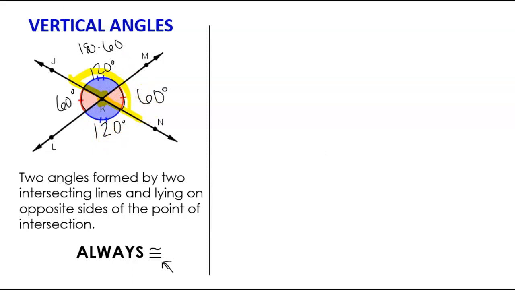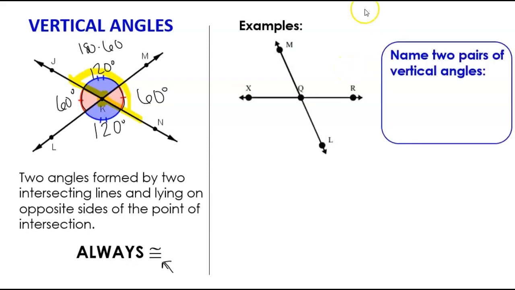Let's look at an example. It says, name two pairs of vertical angles. So we are just looking at the opposite angles. Here is our point of intersection. So you've got this angle and this one. We could say angle MQR and angle LQX.